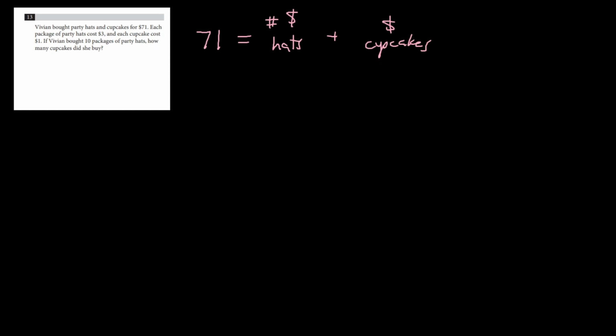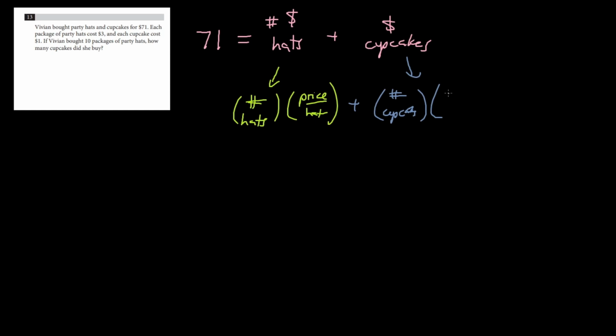And then we can break these down into quantity of hats times the price per hat and the number of cupcakes times the price per cupcake, because that'll get us the total amount we spent on each, and then we want that total amount to be 71.